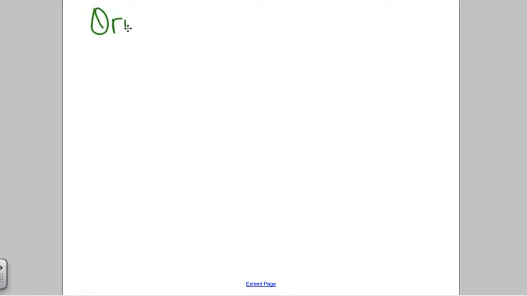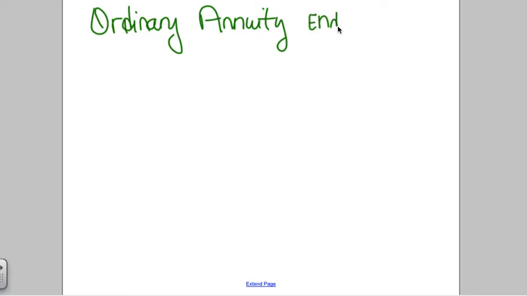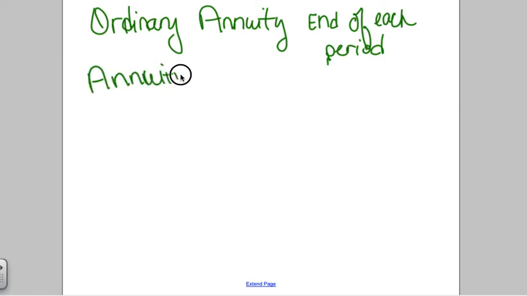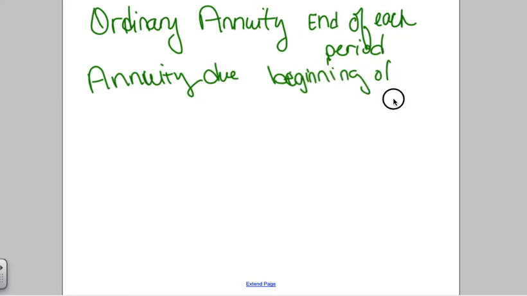An ordinary annuity is one where we get payments at the end of each period. An annuity due is where we have payments or R values at the beginning of each period.